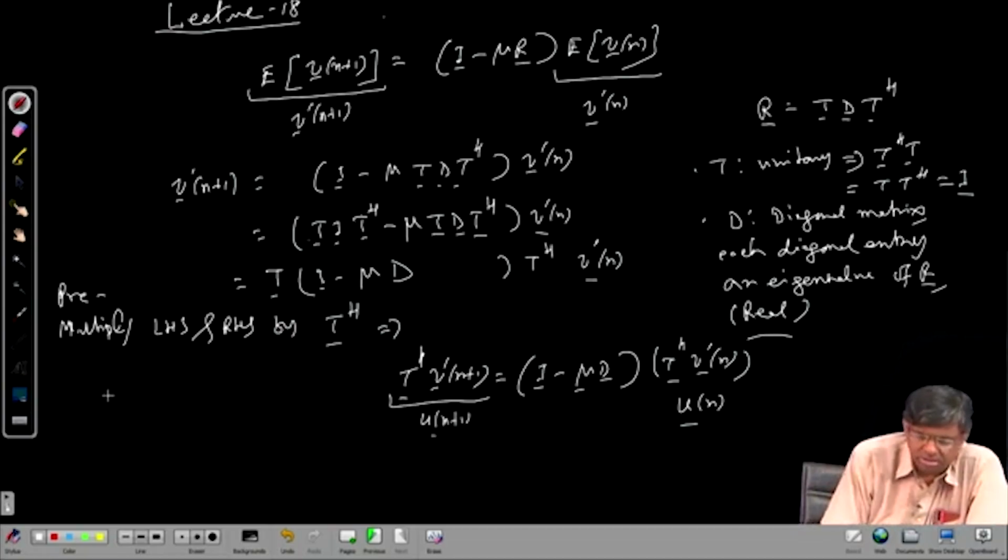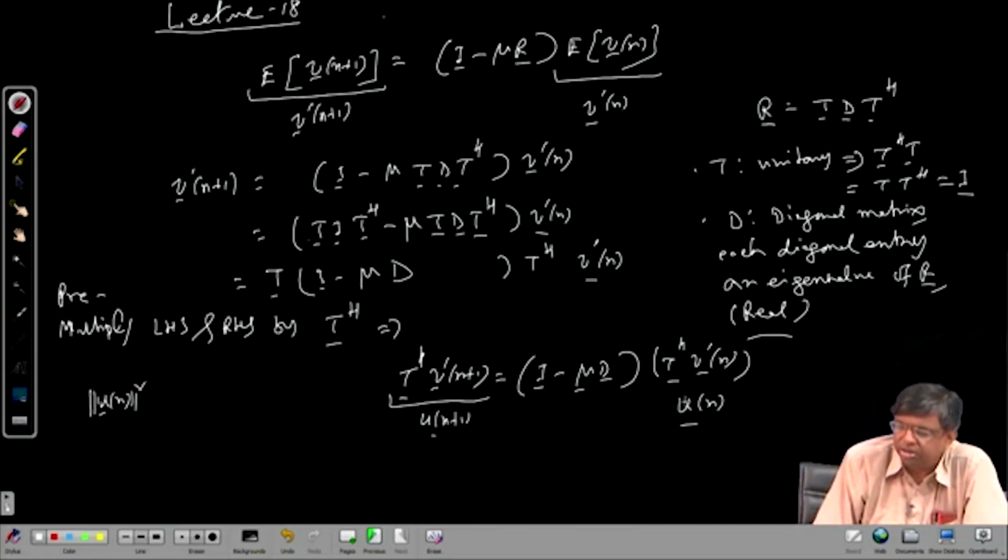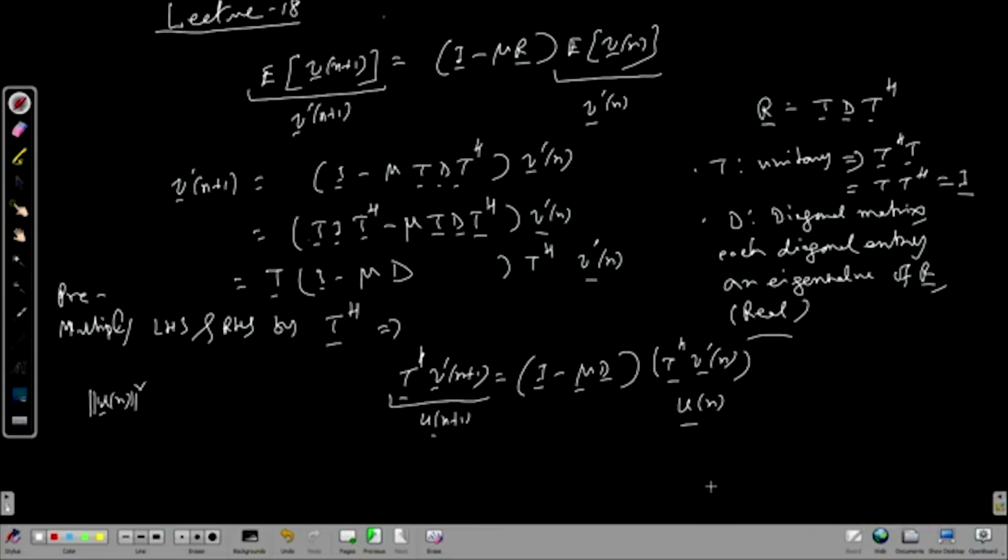Remember one thing, if I see the norm square of U n, that is U n vector, if I take every element, square up each element and then add, there is a norm square, square of the length. So, that is like U n transpose with U n, but U n is T Hermitian V prime n, right.